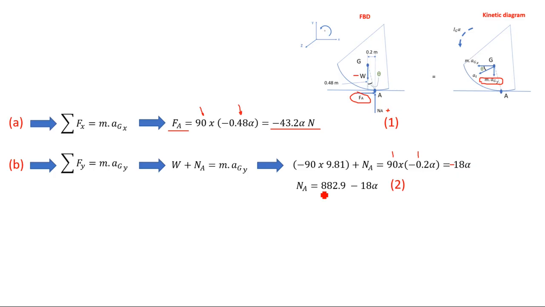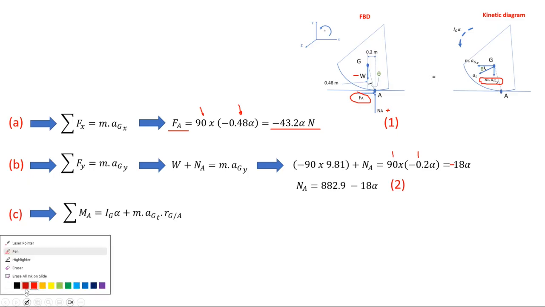So now we go to the third equation that we stated earlier, which is about the moment around the point A. By applying the moment for the chair and the lady's body around the point A, we can find the value for alpha. Because the kinetic diagram moment is going to contain alpha twice, while the moment at A is going to have only the forces and the distance.